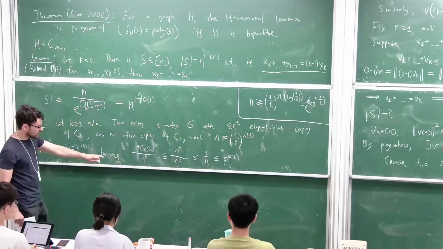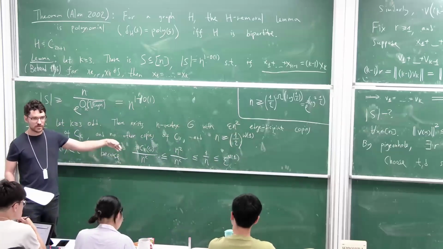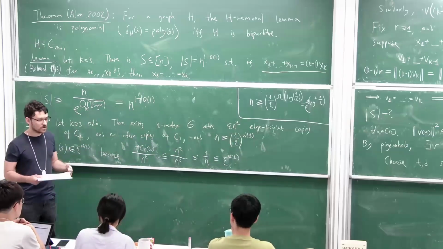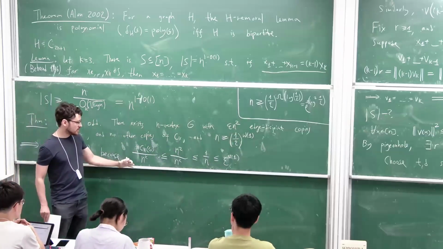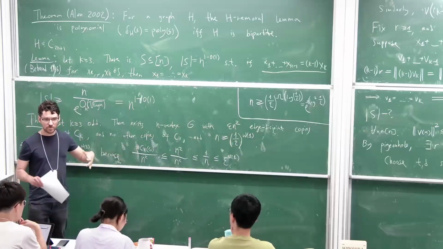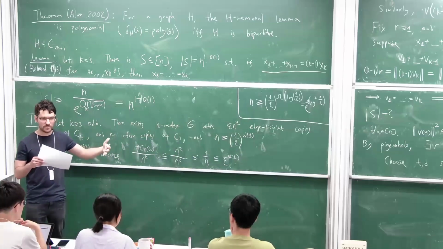It may look a bit confusing because here n depends on epsilon, but in the removal lemma, epsilon is fixed and we let n grow. What's happening is that this theorem gives us this specific graph, and then we can also blow up this graph to get a construction for any n.